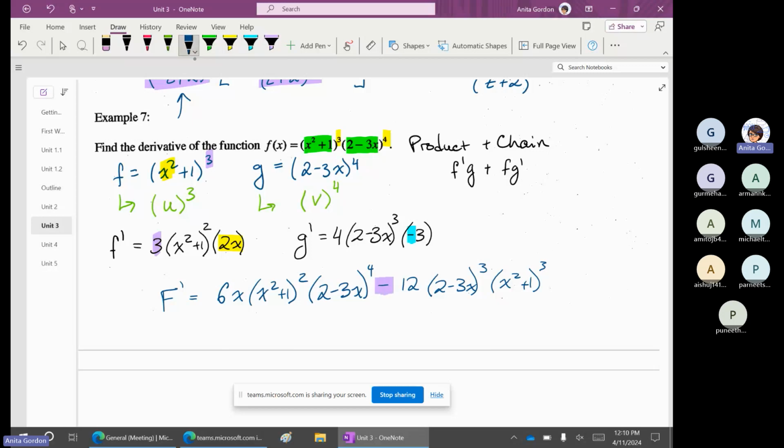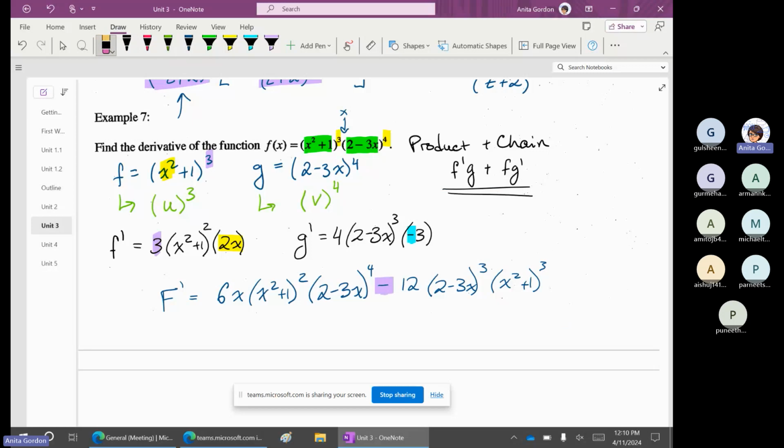You would get a long product of terms. And because this is a multiplication sign, you need to break it into two functions and then the derivative is going to be in two terms because the product rule has two terms in it. Okay, any further questions about this example or can we go on to the next one?